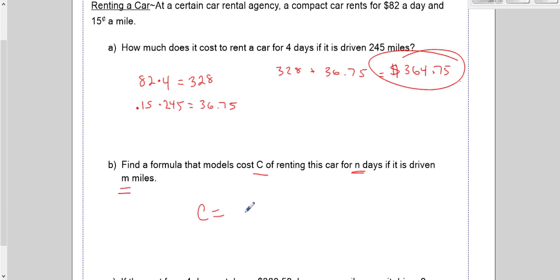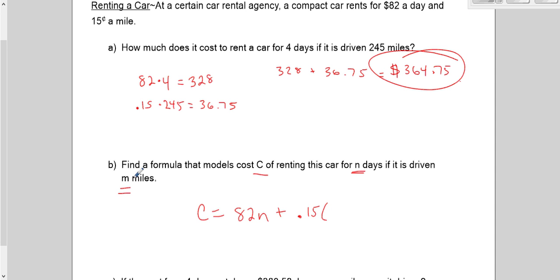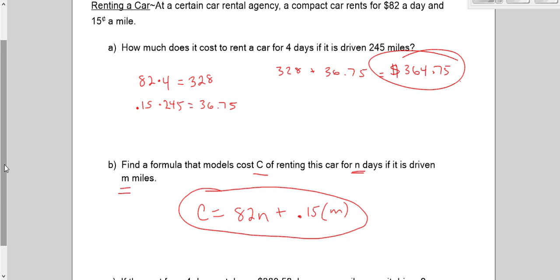So cost is equal to, for renting this car n days, we took $82 times the number of days, in this case n, so 82n, and we added that to 15 cents, 0.15, times the number of miles, in this case we have m. I don't really need the parentheses there, but it's okay. There's our formula for cost.